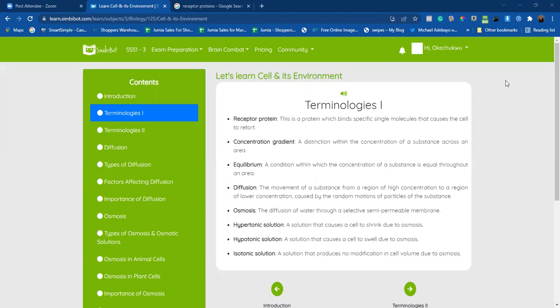Last week, we started talking about cell and its environment, and we were able to run through some of the terminologies, and we also discussed a brief about diffusion.